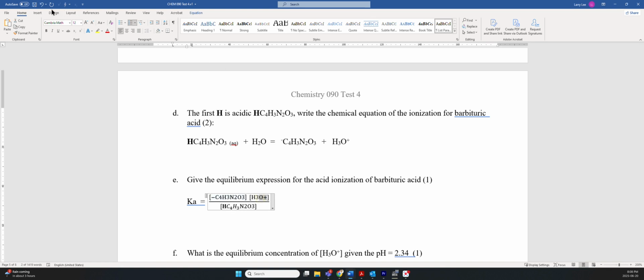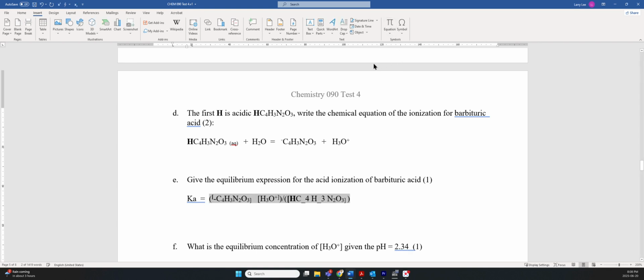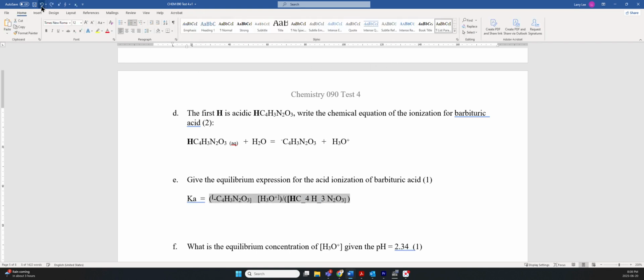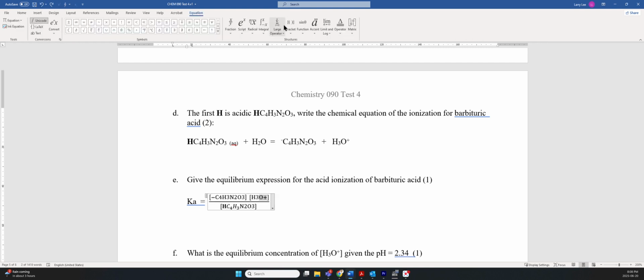For this one, oxygen, again, what you do is you get to the equation editor. Let's not do that. Didn't like it. Oh, here it is. Okay, so I'm going to do that for this guy. So now that's what I'm going to choose.